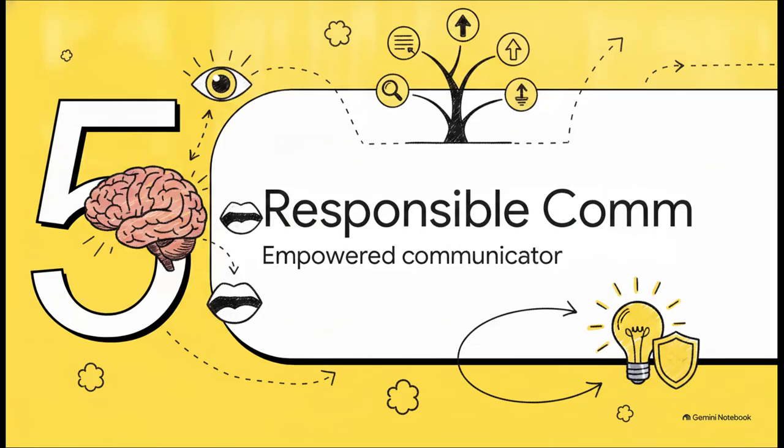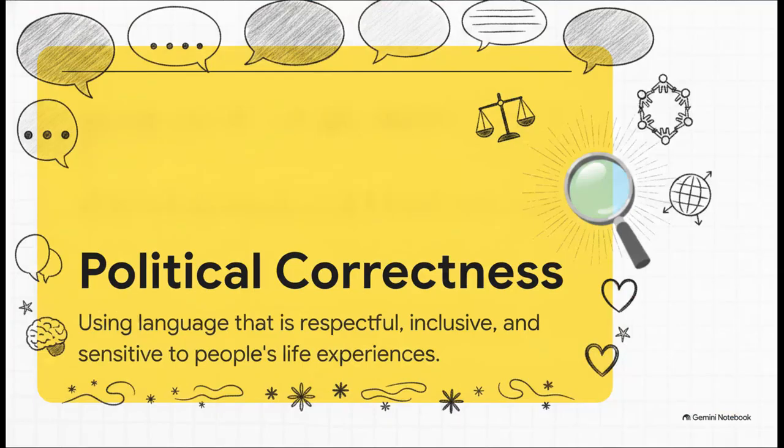Which brings us nicely to our final section, Section 5, Responsible Communication Ahead and Becoming an Empowered Communicator. So, how do we take everything we've talked about today and actually apply this critical lens toward daily lives? It all really comes down to a core concept from our source material, political correctness in informational texts.